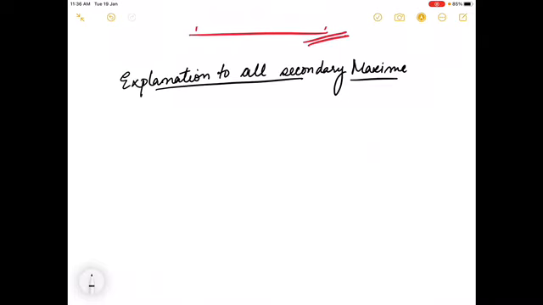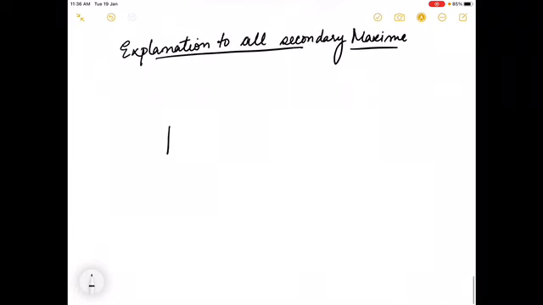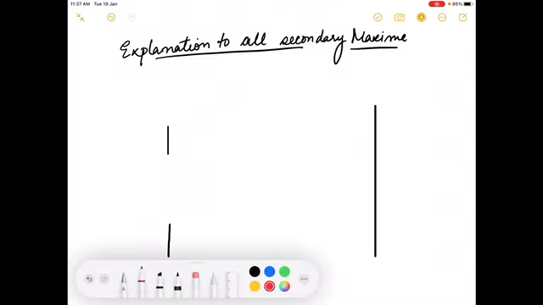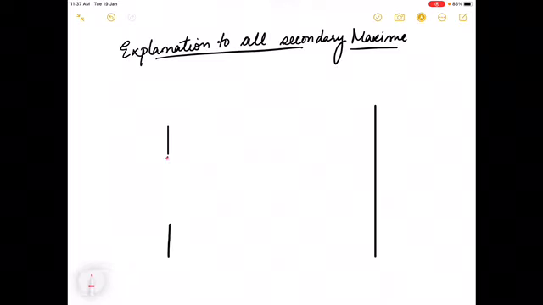Okay, so basically you have to understand here, again the same thing is happening. There is this slit AB, and there is this screen. This time I'm taking 9 points here: 1, 2, 3, 4, 5, 6, 7, 8, 9.